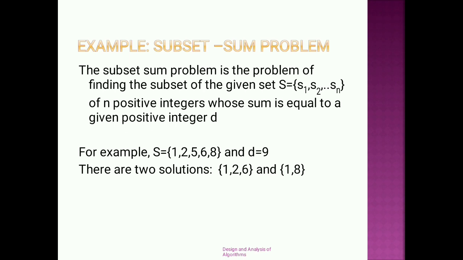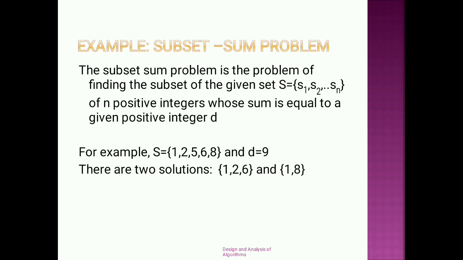When you add 1 and 8, the result is equal to 9. That is also equal to d. So, do we have any other solutions here? No. For this problem, we have two solutions, and when you add the elements of the subsets {1, 2, 6} and {1, 8}, we get the positive integer d. This is the subset sum problem.